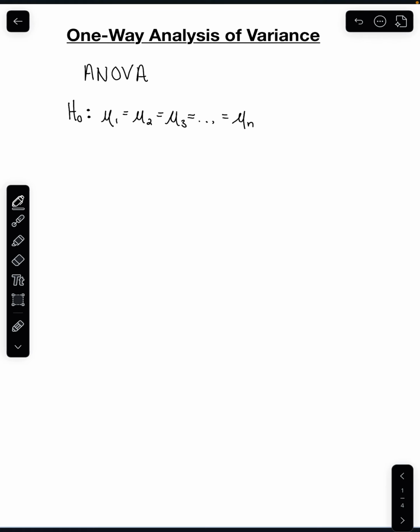So it works on the assumption that all of the means are equal. The complement to this, then, is that at least one mean is different from the others. That's all it takes to violate the rule that all of them are equal, is that at least one is not the same.